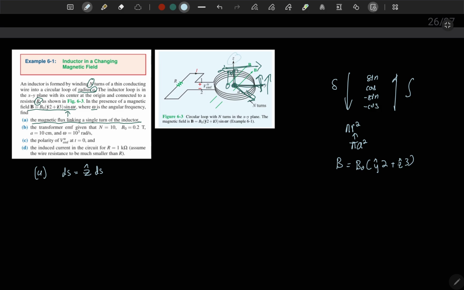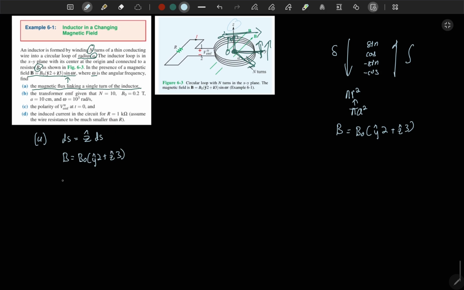Okay, we also have been given that B is B naught y2 z3. If you remember, for the dot product, y vector dot z vector is equivalent to 0, because they are in different planes. But z vector dot z vector gives 1.